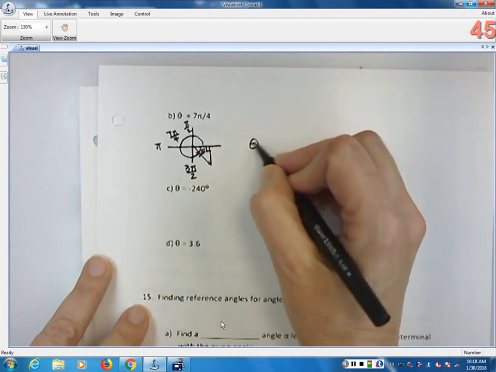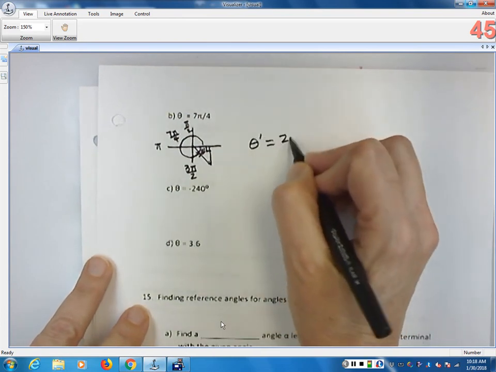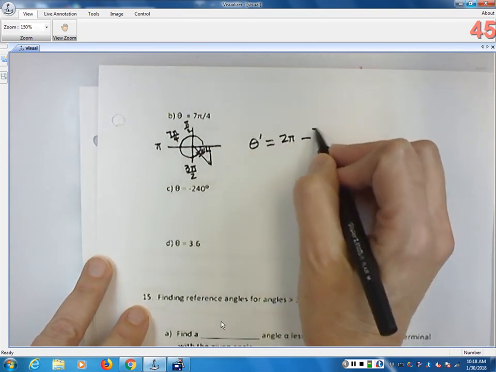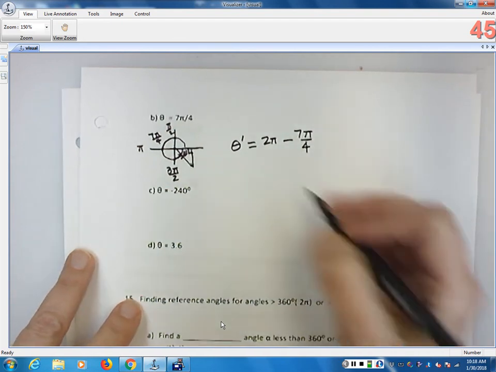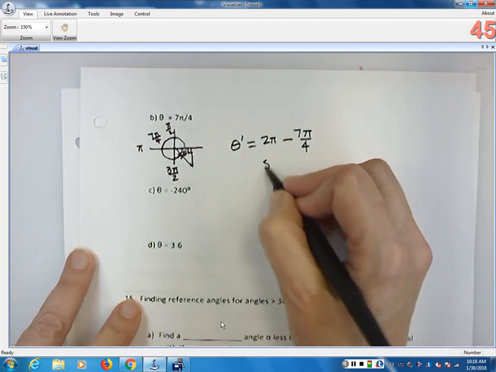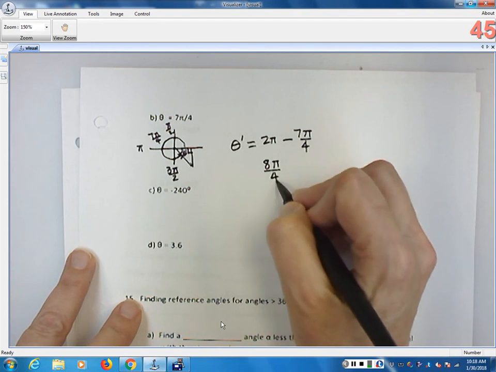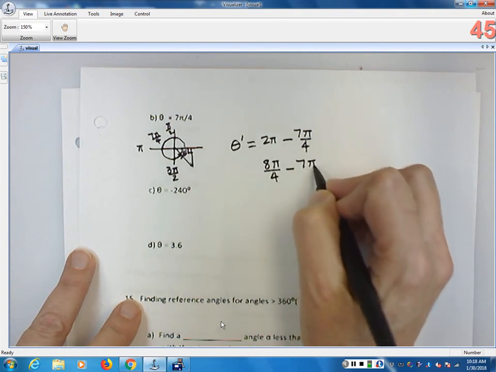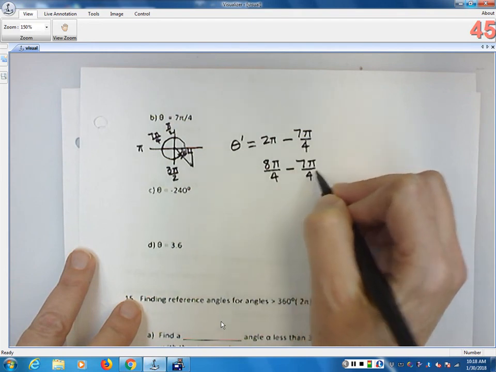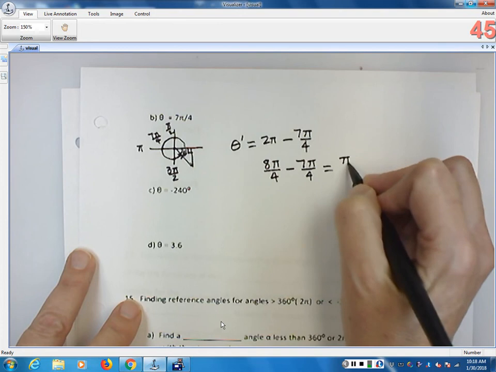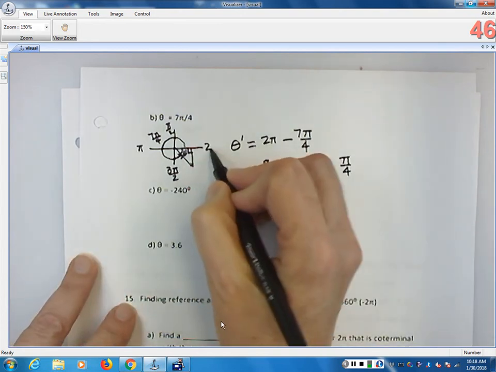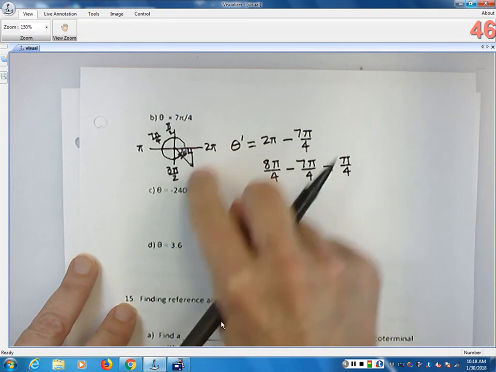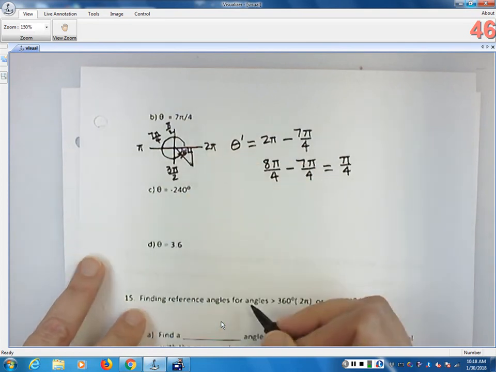Theta prime is going to be 2 pi minus 7 pi over 4. We're going to rewrite 2 pi as 8 pi over 4 minus 7 pi over 4. So theta prime is pi over 4. So I saw from the picture that I needed to take 2 pi minus 7 pi over 4.